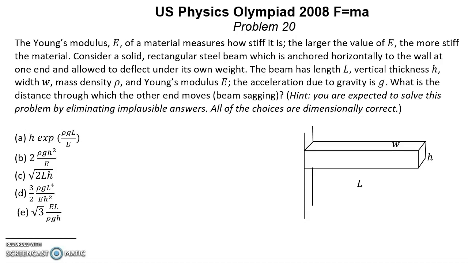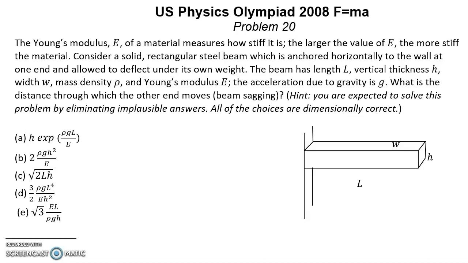Usually such problems in the US Olympiad are connected to dimensional analysis, but here they already told us that the dimensions are all correct, so we just need to make a qualitative analysis of which parameters have what kind of influence on this deflecting.